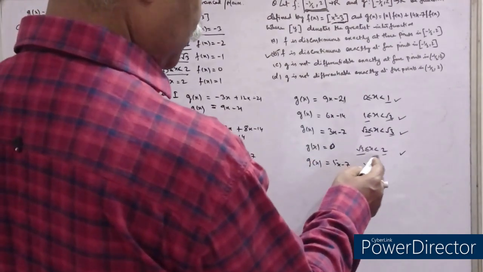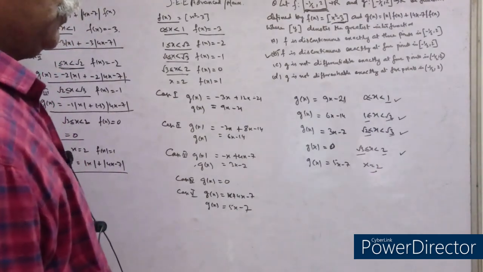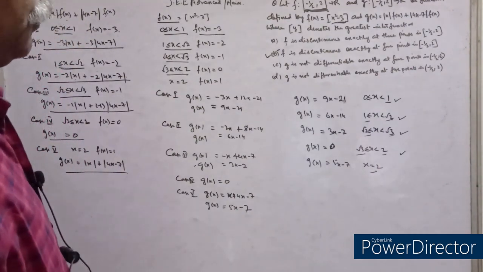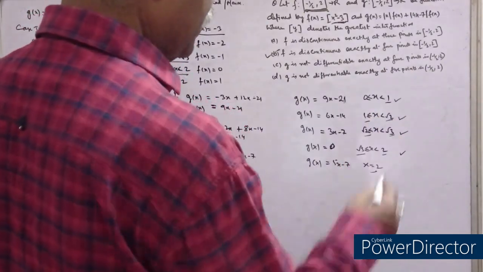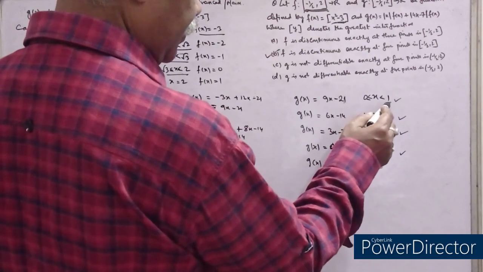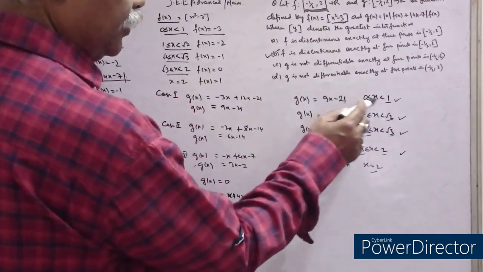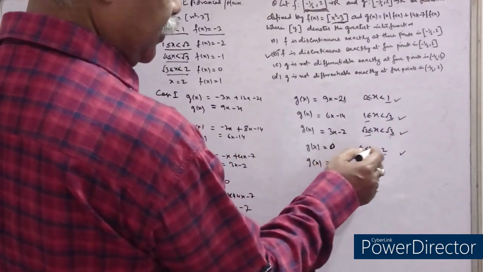And similarly for 2, left hand side and right hand side, you are going to get 2 different answers. So you can conclude that these are the testing points where your graph changes its position.